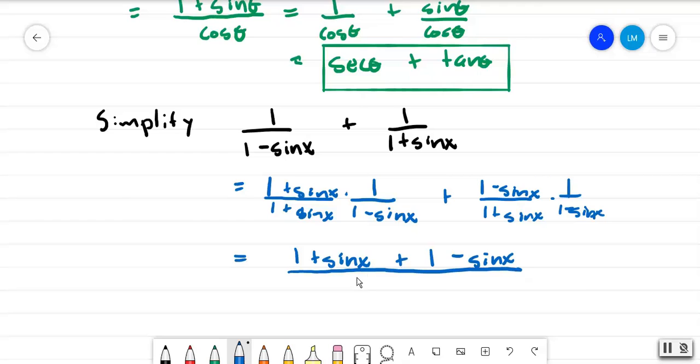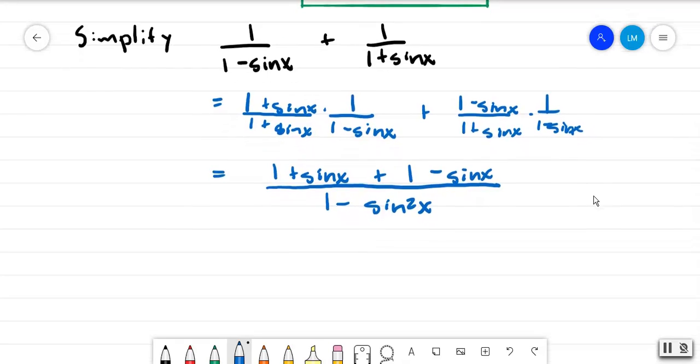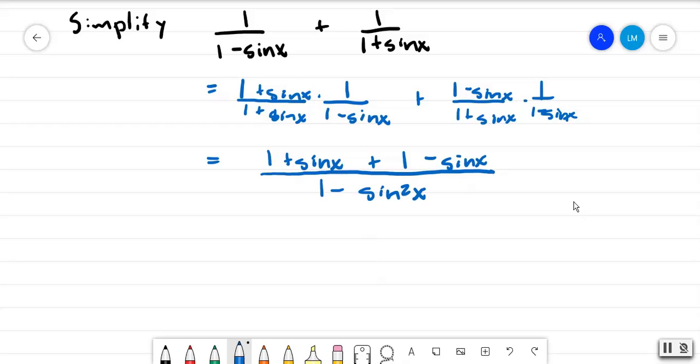And all of this is divided by 1 minus sine squared of x. Now, we're almost there because all that we need to do from here is to cancel out the sine of x on both sides. So what ends up happening is that you end up getting 2 divided by 1 minus sine squared x.